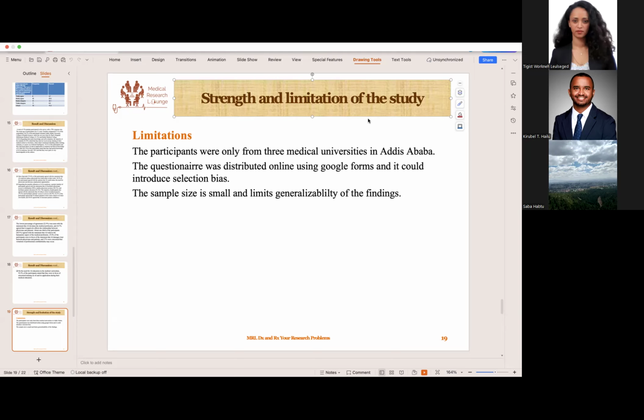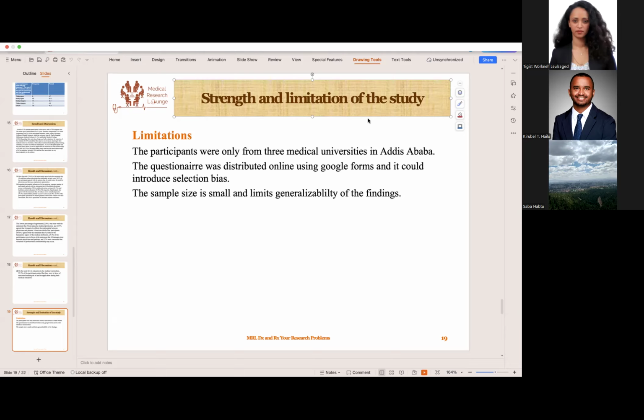So to the question, how do you intend to present the findings? We plan to distribute the questionnaires to more medical universities. We had only responses from 3 medical universities. I think we tried to distribute it online through online forums like Telegram groups, WhatsApp groups, and things like that.